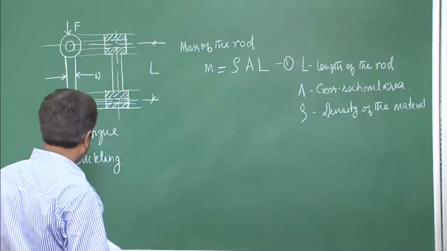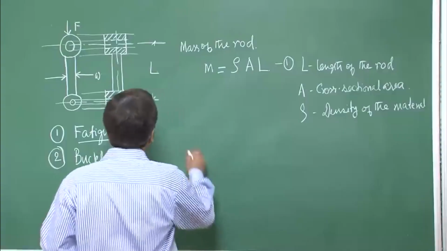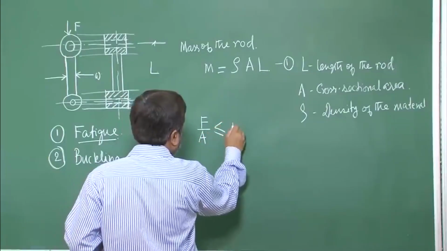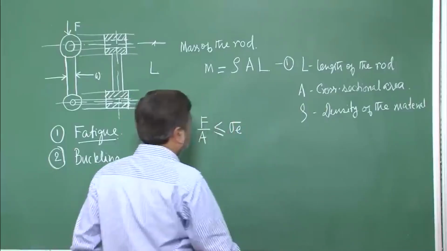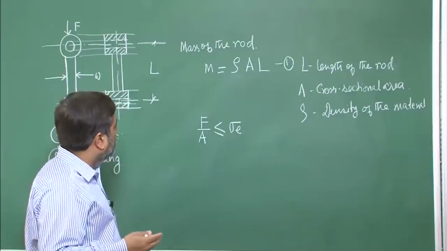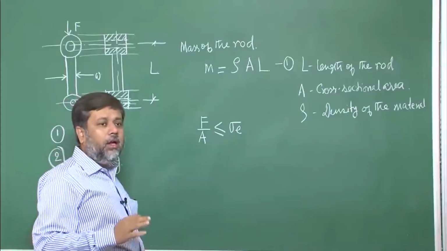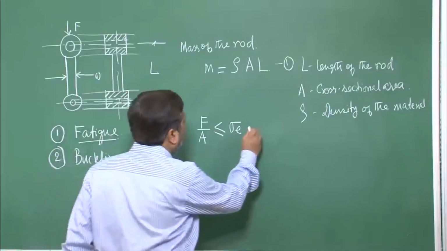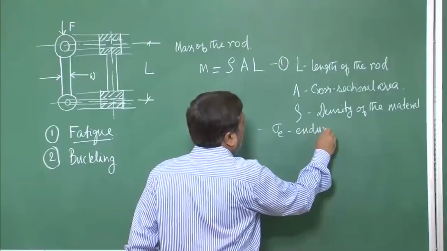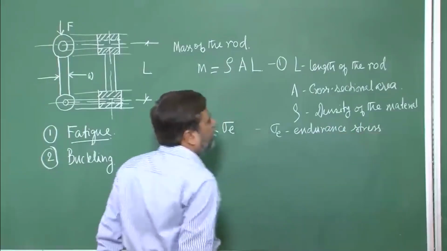So, let us take up the first constraint, that is fatigue. From the fatigue point of view, F over A has to be less than or equal to sigma E. That means the maximum stress that will be happening on the connecting rod has to be less than the endurance stress. Sigma E is actually called the endurance stress. This is a new property, and this property is important against fatigue.